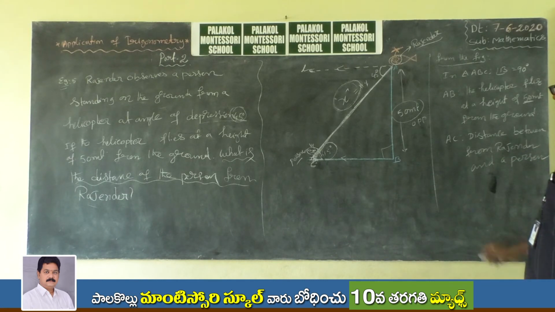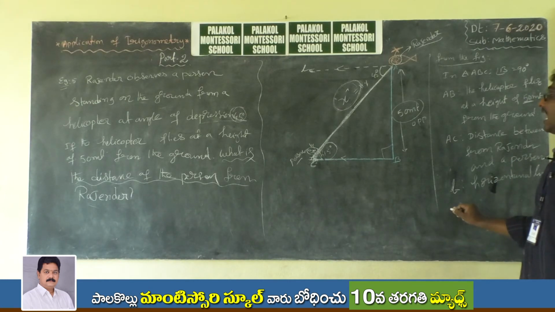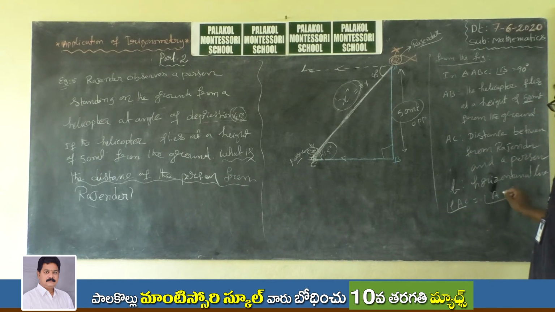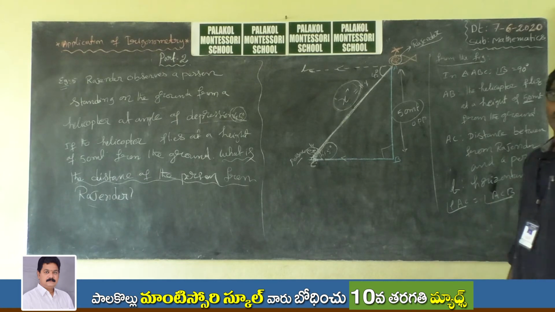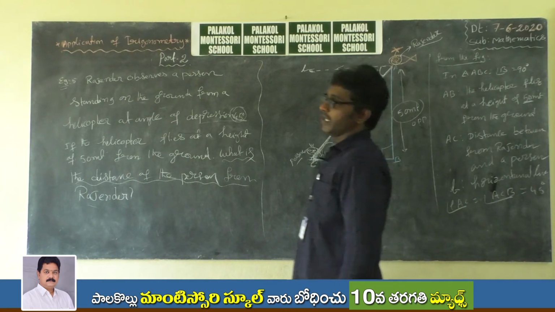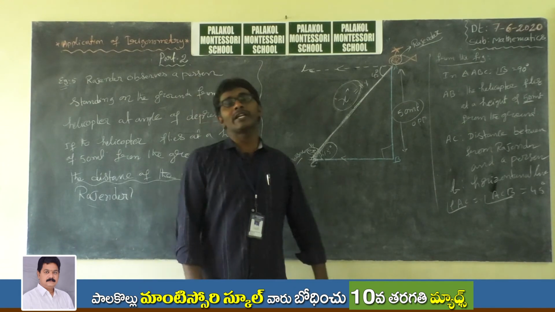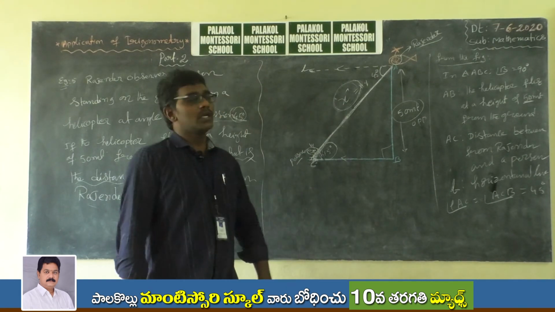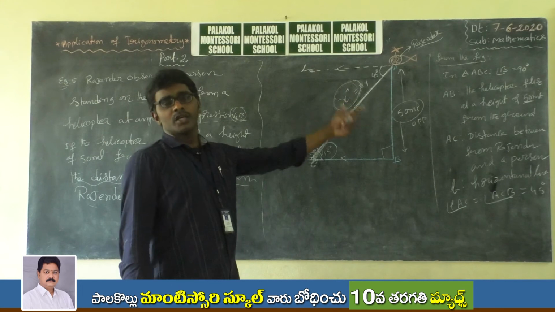Next, L means the horizontal line. Next, angle LAC is equal to angle ACB is equal to 45 degrees.